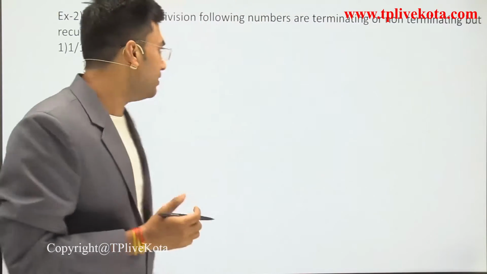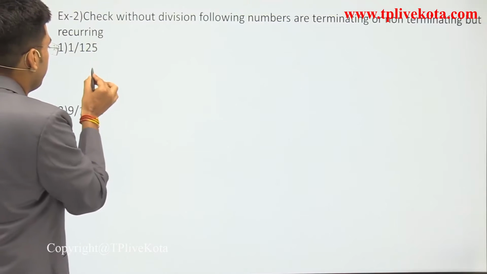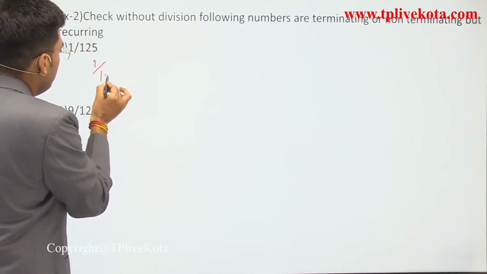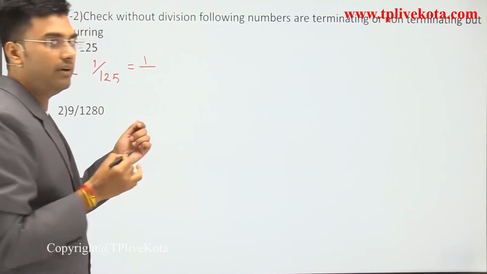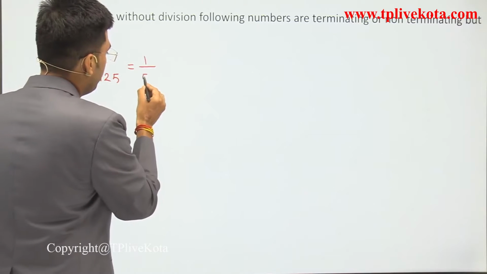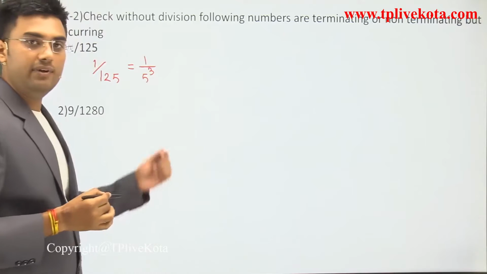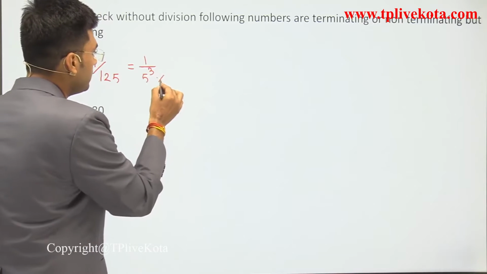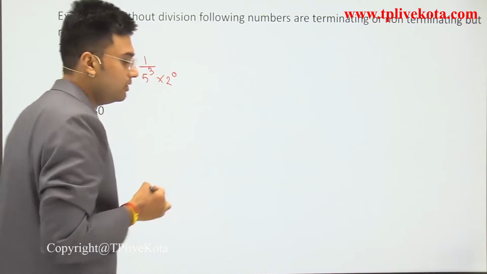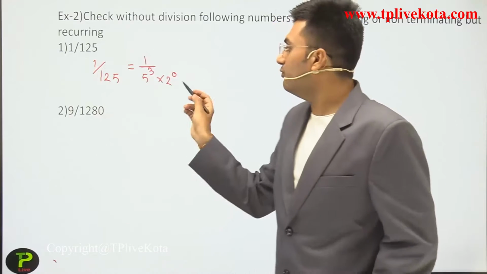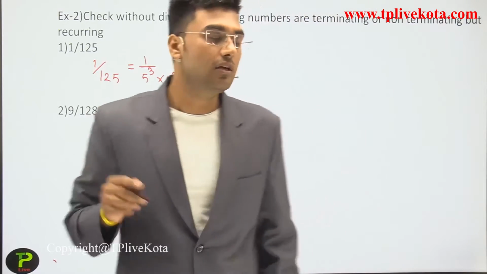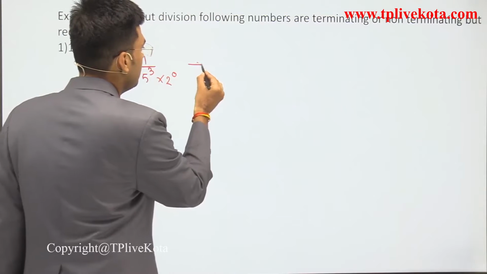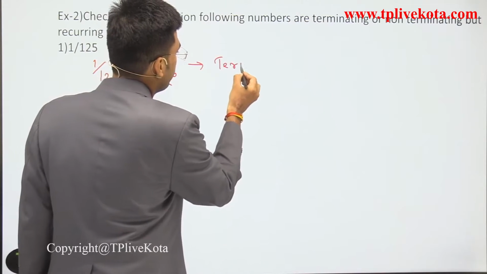So let's check 1 upon 125. We can prime factorize 125 as 5 power 3, and we can write it as 5 power 3 multiplied by 2 power 0. So it is in the form of 2 power m multiplied by 5 power n. So this number is terminating.